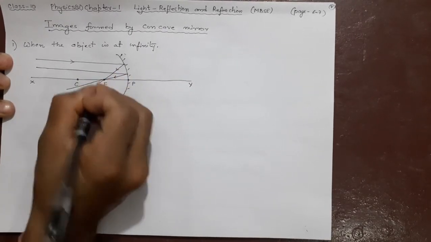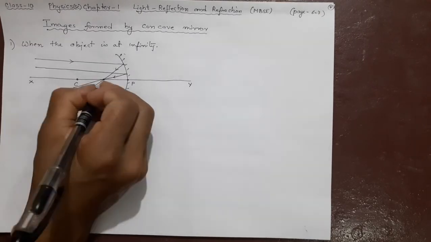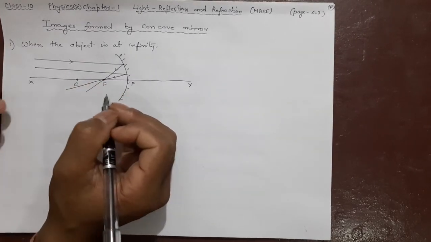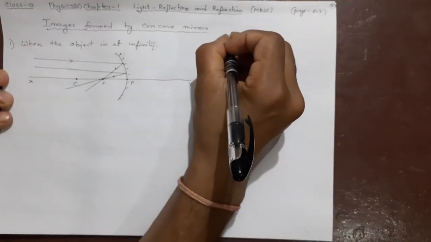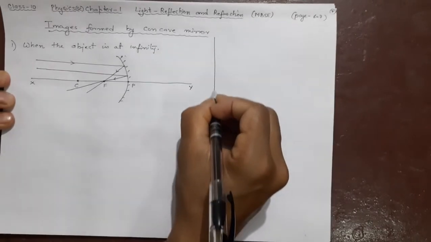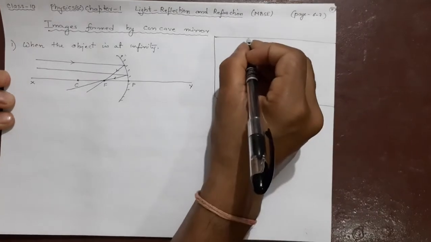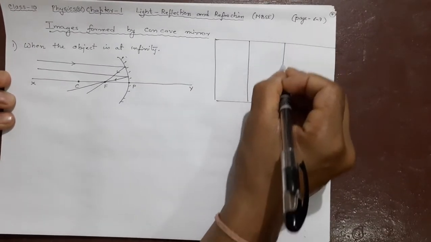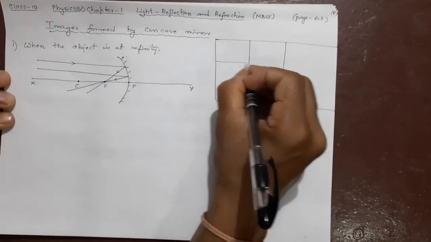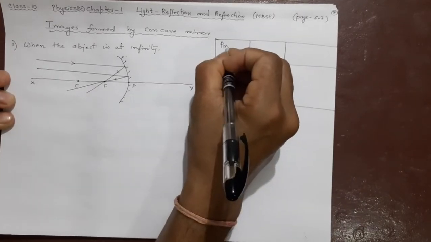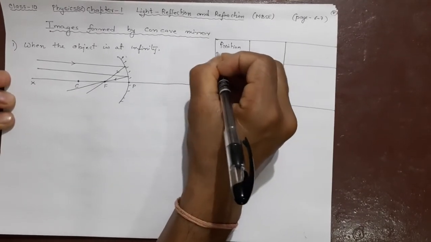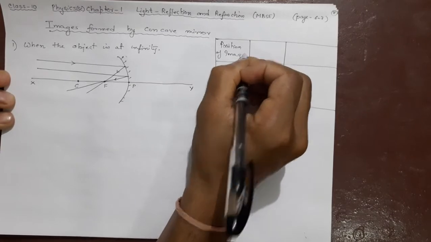Okay, where is the image? Two lines you need to cut. There will be the image. So in this case, on this side you will make it like this. Position of image, where is the image?